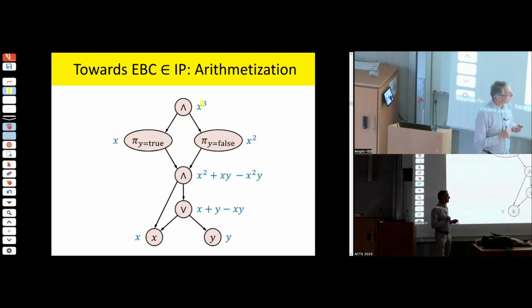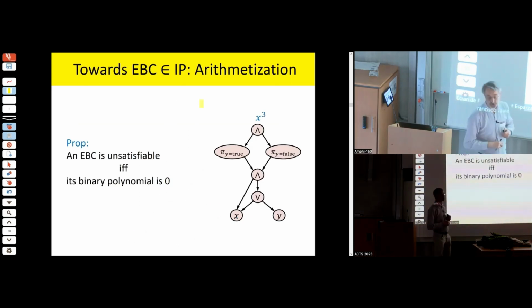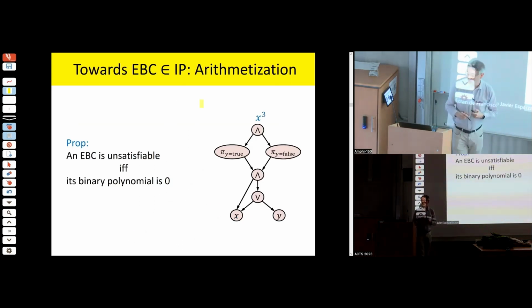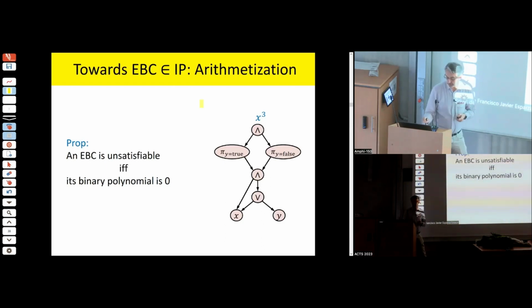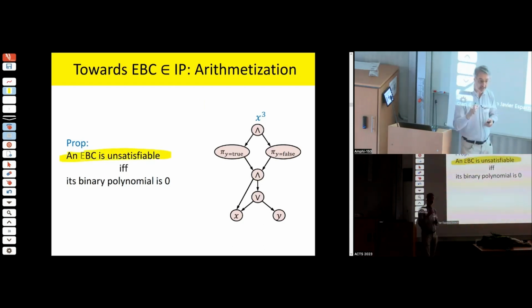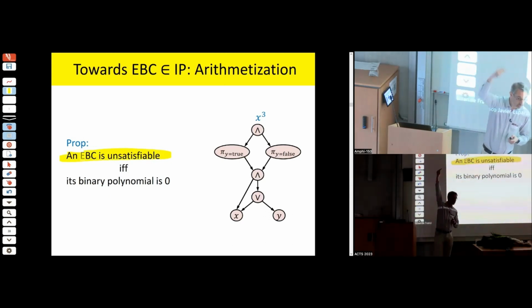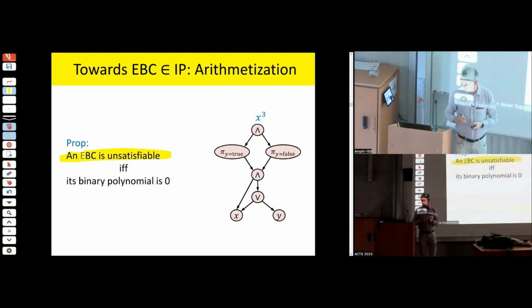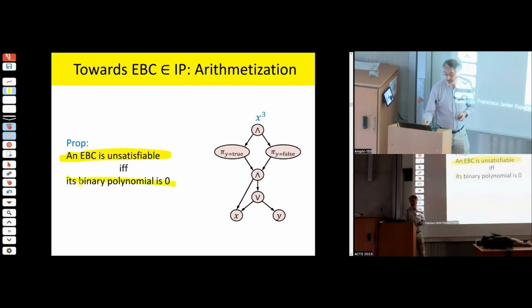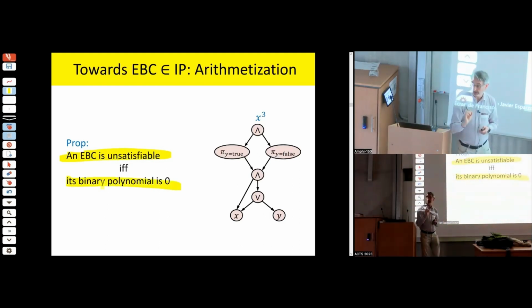Good. So this is our assignment of polynomials. And now what you can easily prove is this. This is a very trivial proof. The Boolean circuit is unsatisfiable, and I mean the formula that it represents is unsatisfiable, if and only if the binary polynomial is the 0 polynomial, the identically 0 polynomial.